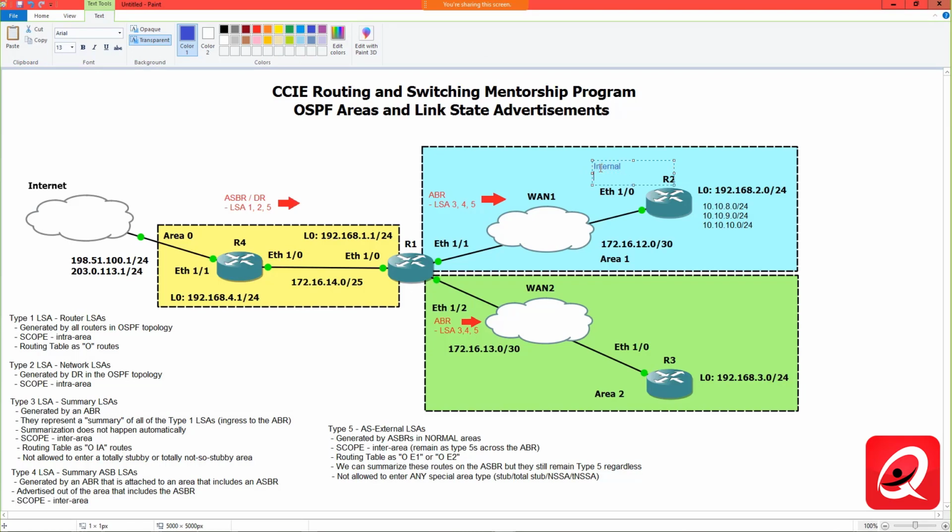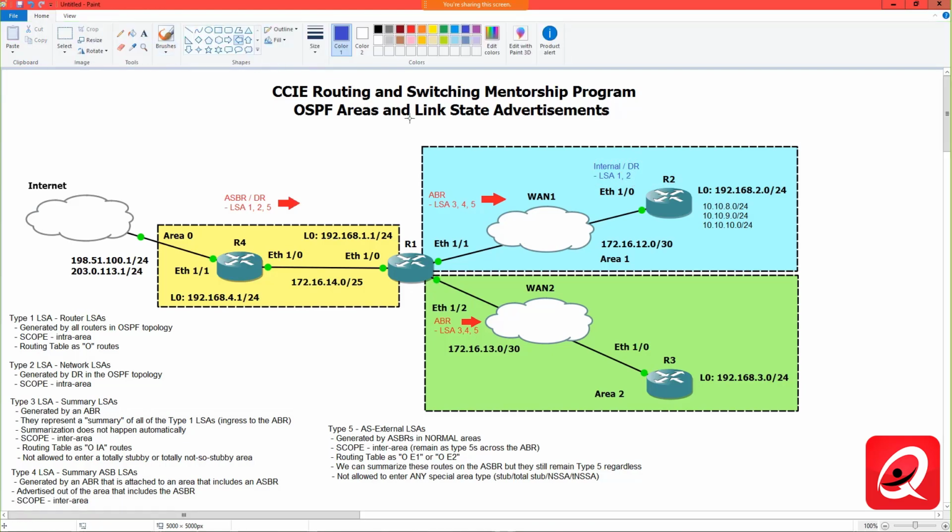I'm not sure if it's the DR or not, but let's assume it is. Yeah, it probably should be. It's got a higher loopback for that link. So it is an internal router / DR. So it's going to be generating LSA type 1s and 2s, and those are going to be sent out that link.